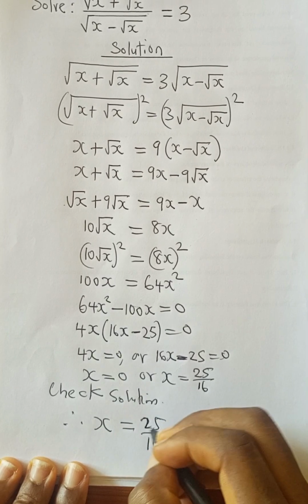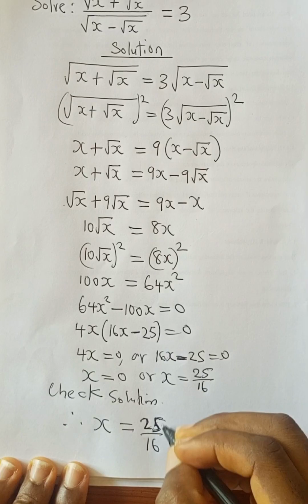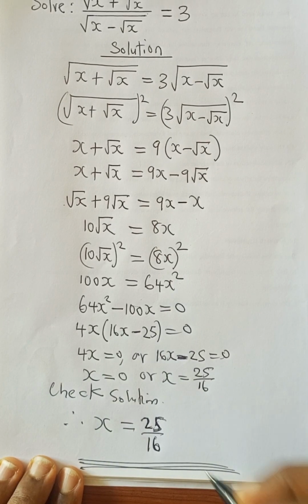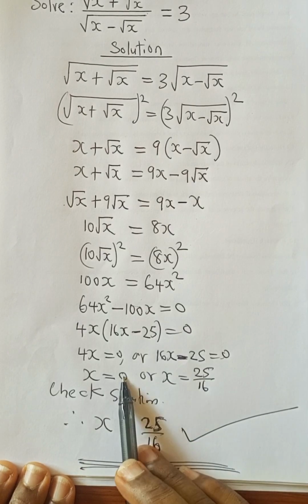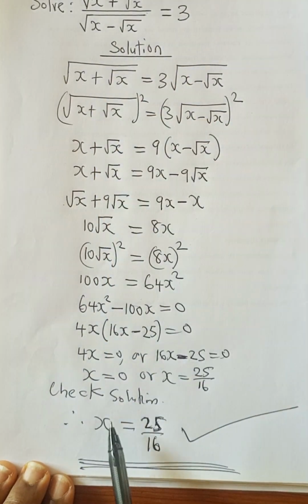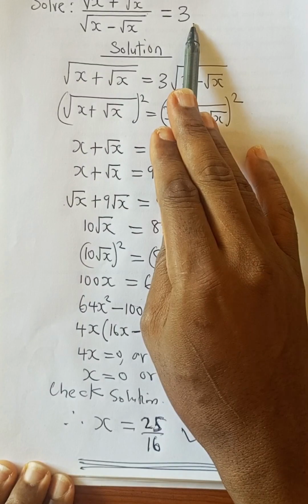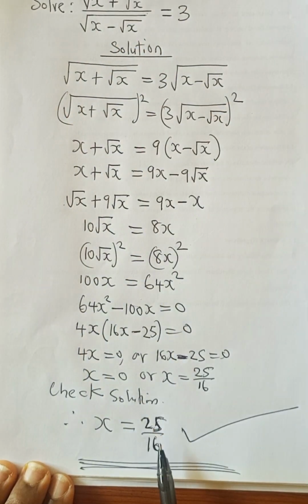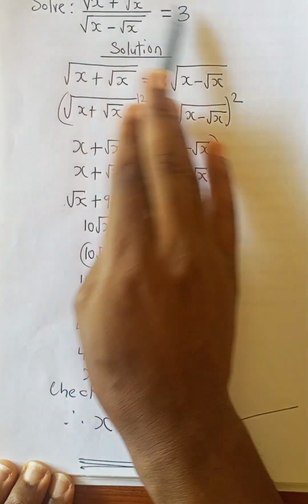That is the only valid value of x with respect to this equation. 0 will not be valid because 0 cannot make this equation true. When you put 0 here, the two sides cannot be 3. But if you substitute 25 over 16, the two sides will give you what?